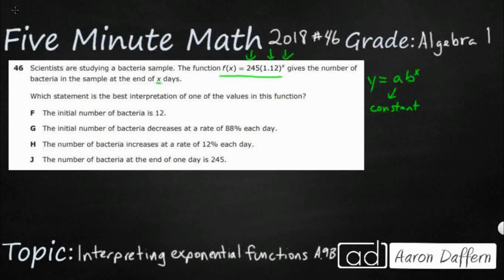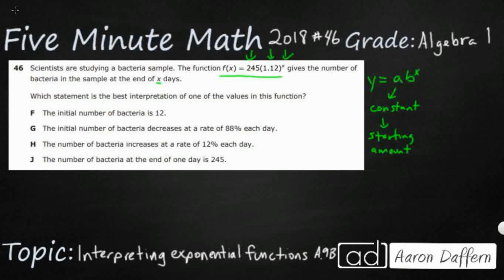So we're going to look for a term that is not necessarily changing. Typically you might see this as a starting amount, simply because the starting amount is not going to change as long as they don't introduce any new bacteria or take away any bacteria. That constant is typically going to be your starting amount.